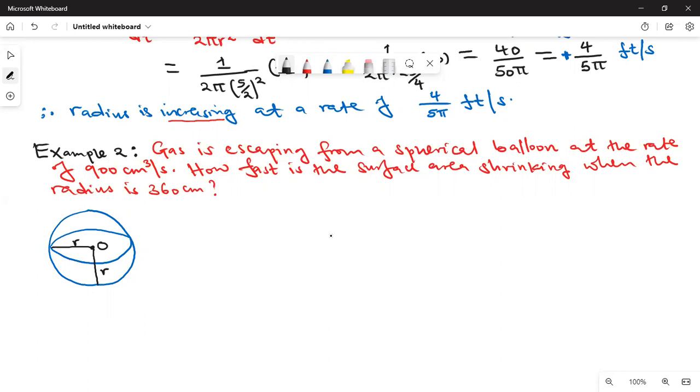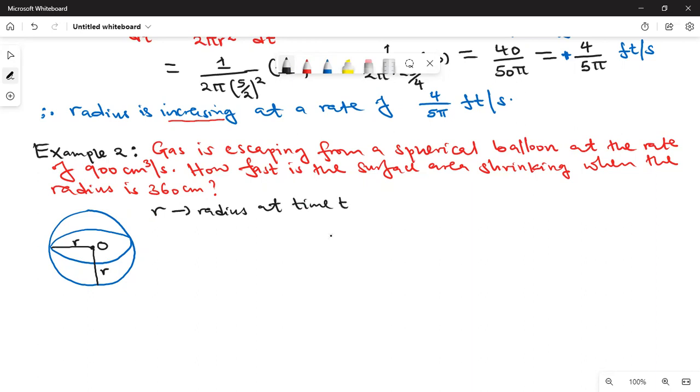First of all, we need to assign symbols to all the quantities given. The first symbol is r to mean the radius at time t.